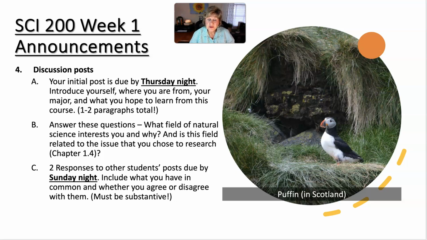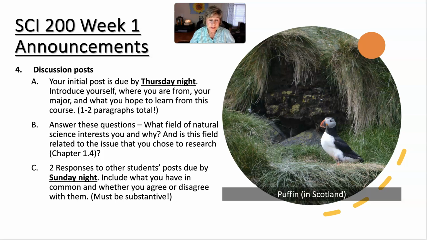Which field of natural science interests you and why? Do not say astronomy. Wait a minute, sorry. I'm confused myself. Astrology, like Aquarius, Aries, Virgo, Taurus. Yeah, okay. That's not a science.